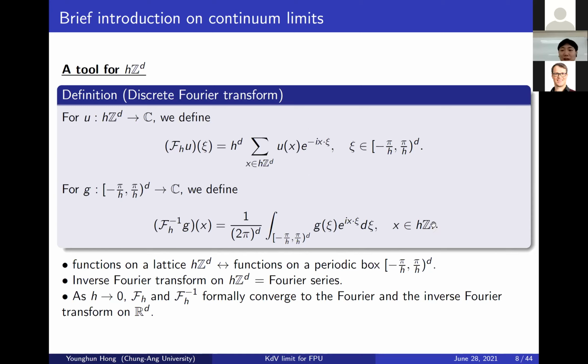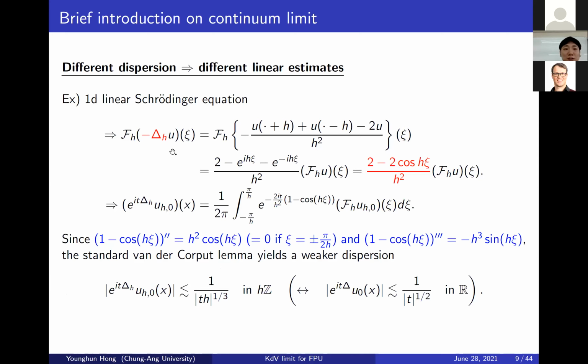Okay, and using this discrete Fourier transform, we can solve the linear Schrödinger equation in the standard way. We can write the Laplacian operator as a multiplier on the Fourier side, and solving this ODE involving this symbol, we can obtain an integral representation for the linear solution. So this is the standard way.